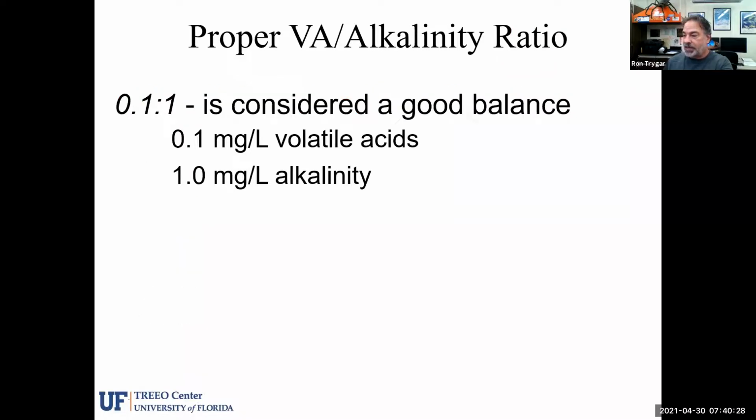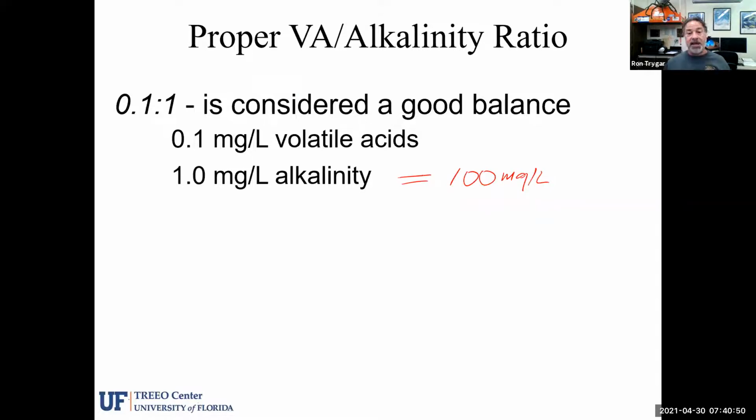So you can use different forms, but alkalinity is generally produced by the methane formers. So here's our number again. We're going to repeat it for a reason because it's super important for you. So you see it written in writing here. So 0.1 to 1 is considered a good balance. Let's say alkalinity was 100 milligrams.